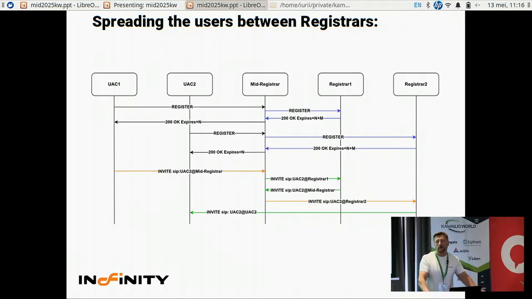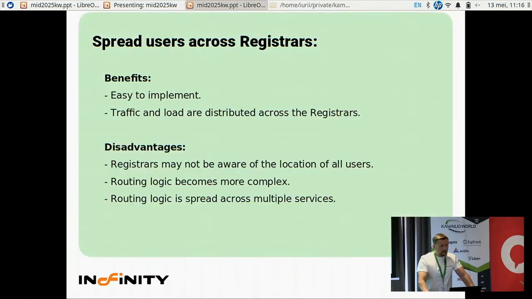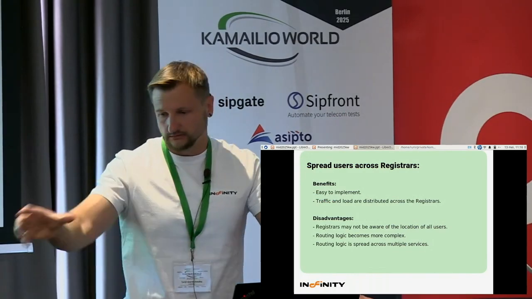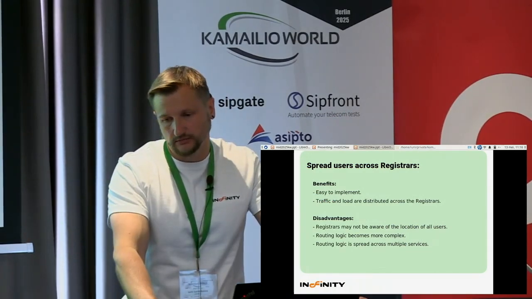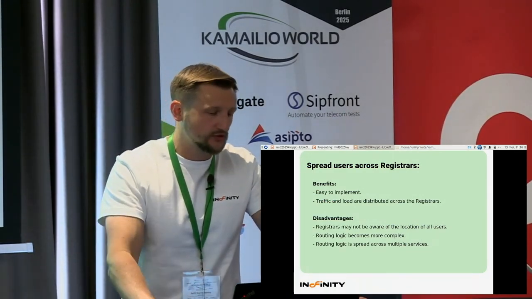So I mean, write logic, nobody likes to write logic anywhere. We are willing to set up, do apt-get install and make things work. So yeah, quite a lot of things. The benefit is that it's really easy to implement. We just copy the registrar, put it in a new location, and separate users.